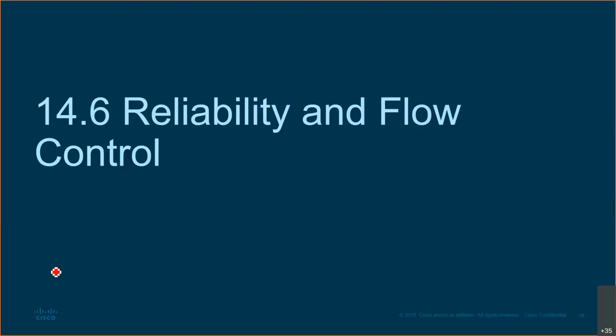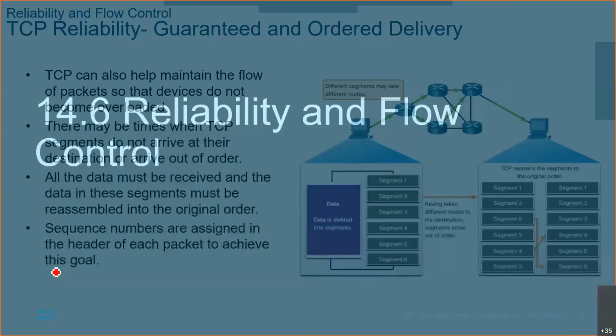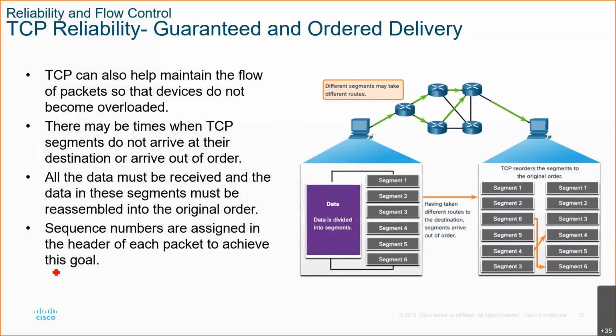Another feature of TCP that I told you is reliability and flow control. Now how does TCP establish that? Let's have a look. One feature is that whatever segment is sent, it is ordered. This ordered delivery is guaranteed. Now you may ask, hey, I've studied that when the segments are sent, the segments are converted into packets, packets are converted into fragments, fragments into bits.